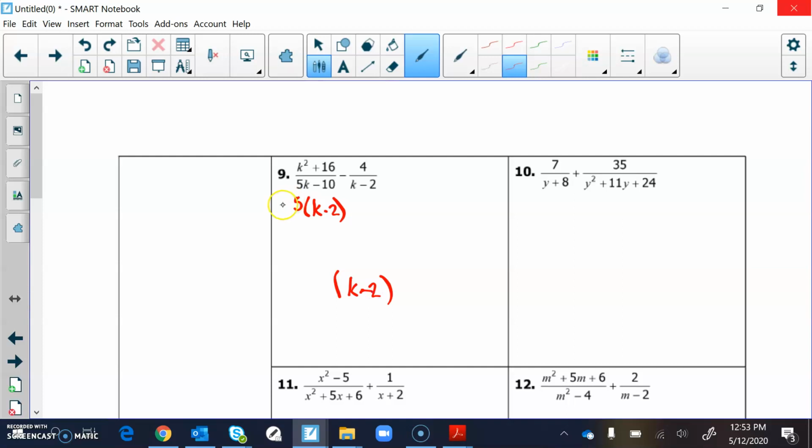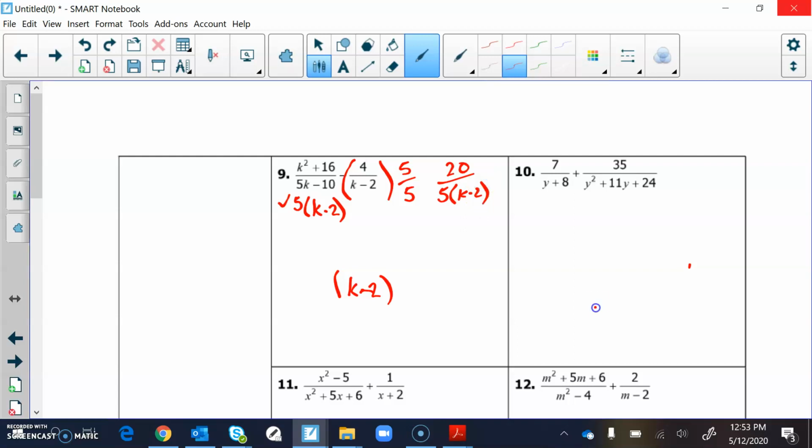Now this first fraction has a times 5, so that means we want to take this, not really multiplying by 5, but by 5 over 5, which is equal to 1. And that gets me 20 over 5 times k minus 2.